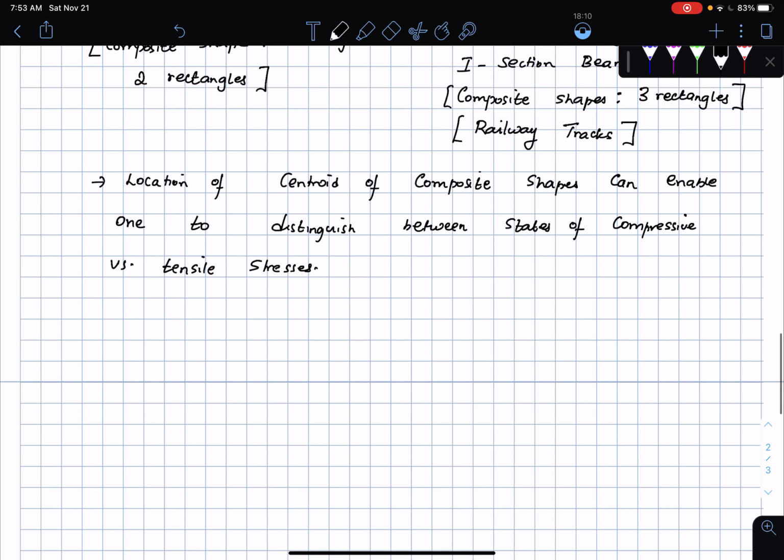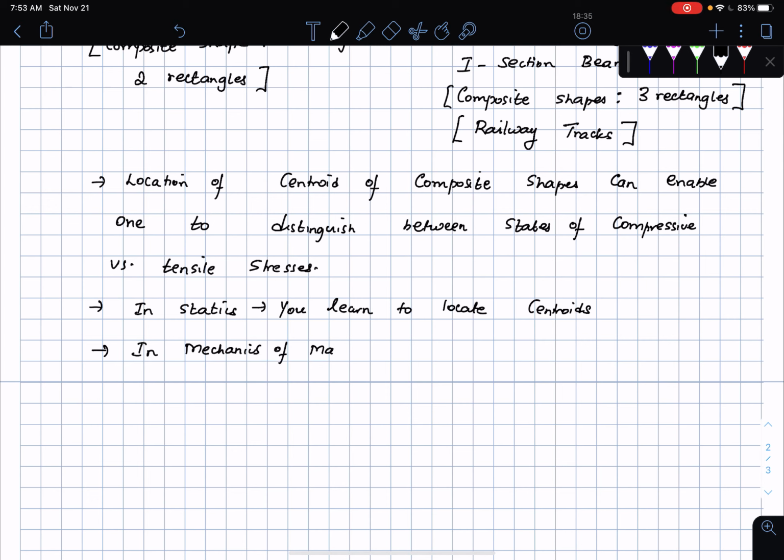So the basic idea is that in statics you will learn how to locate centroids, and in mechanics of materials you'll use the centroid locations during stress analysis.